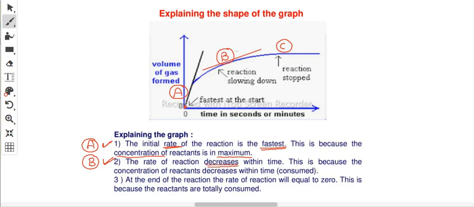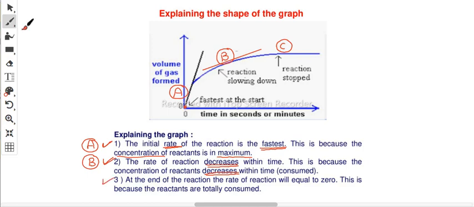So the reaction becomes slower. And if we want to explain why, we need to refer to the concentration of reactants. Since the chemical reaction started, the concentration decreases as the reactants are being consumed per unit of time, so definitely the rate of reaction will decrease.